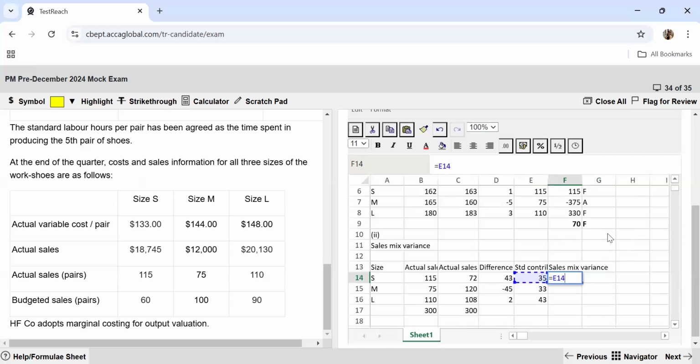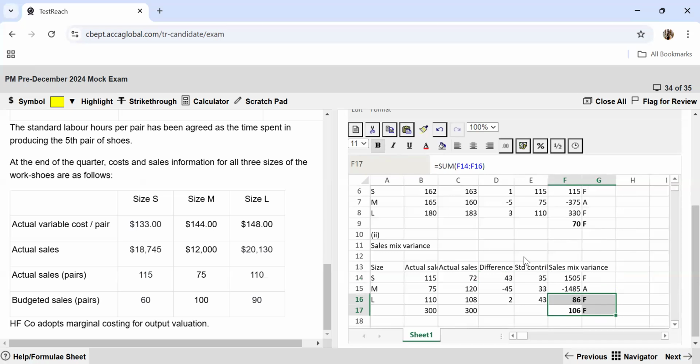So my sales mix variance will be right here, 106 favorable. For these also, mark it which is favorable and which is unfavorable.